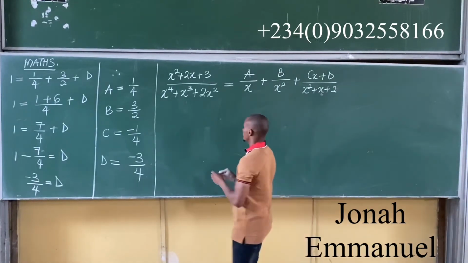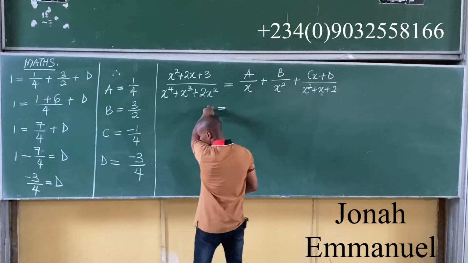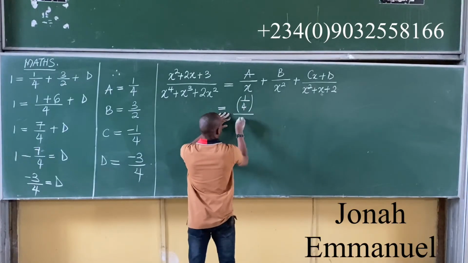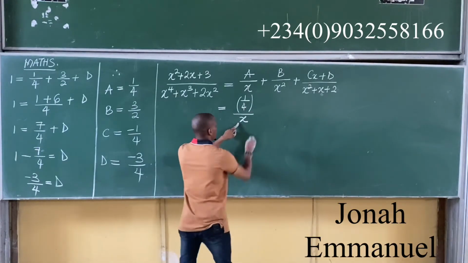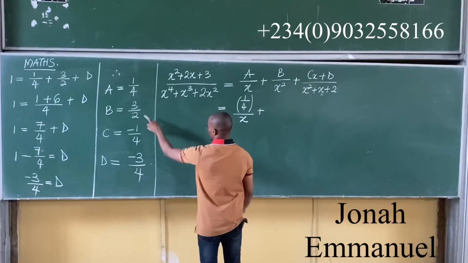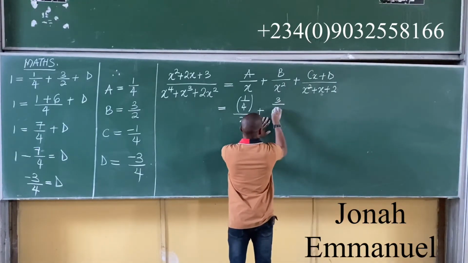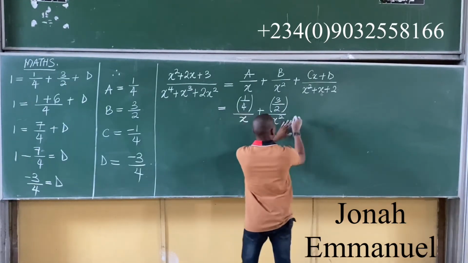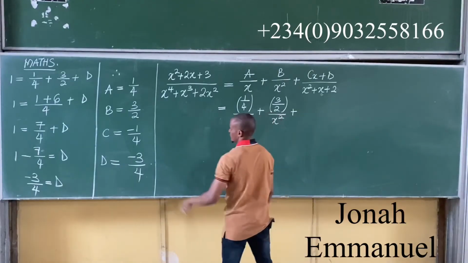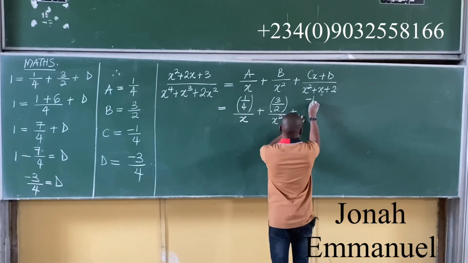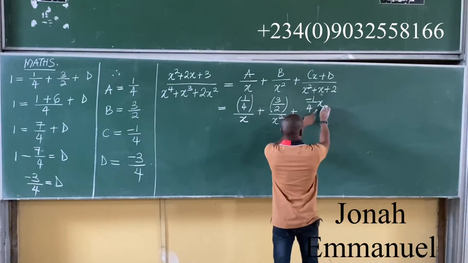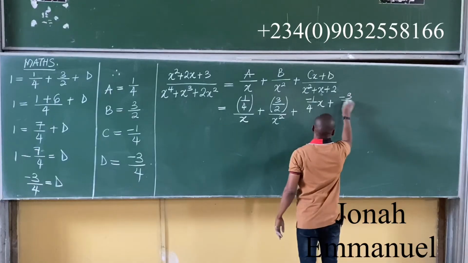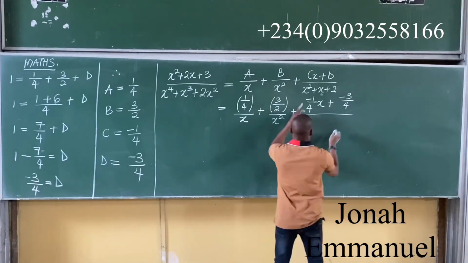So please input values. This will now be equal to a is 1 over 4 all over x, so a over x plus b is 3 over 2, so 3 over 2 all over x squared plus cx, this is c, minus 1 over 4 x, plus d, d is minus 3 over 4, all over this one here.